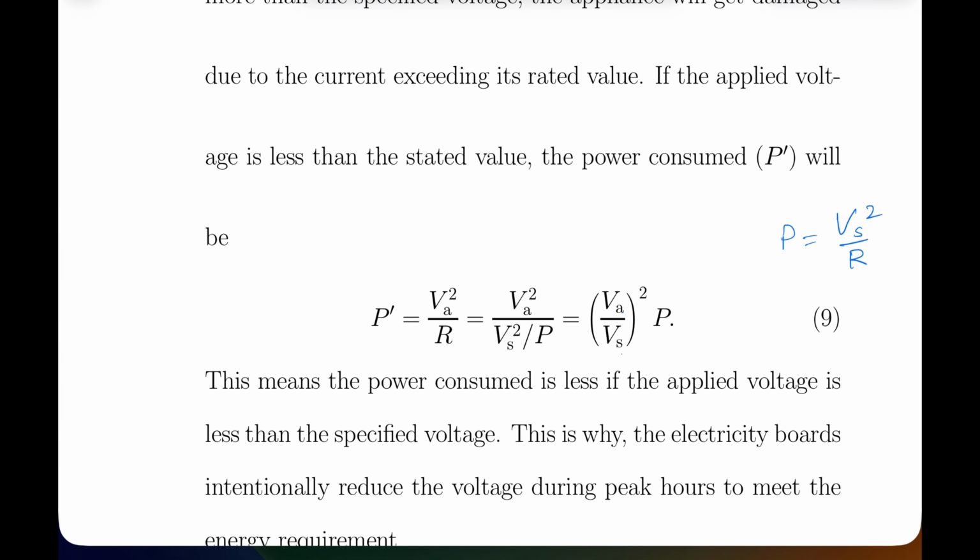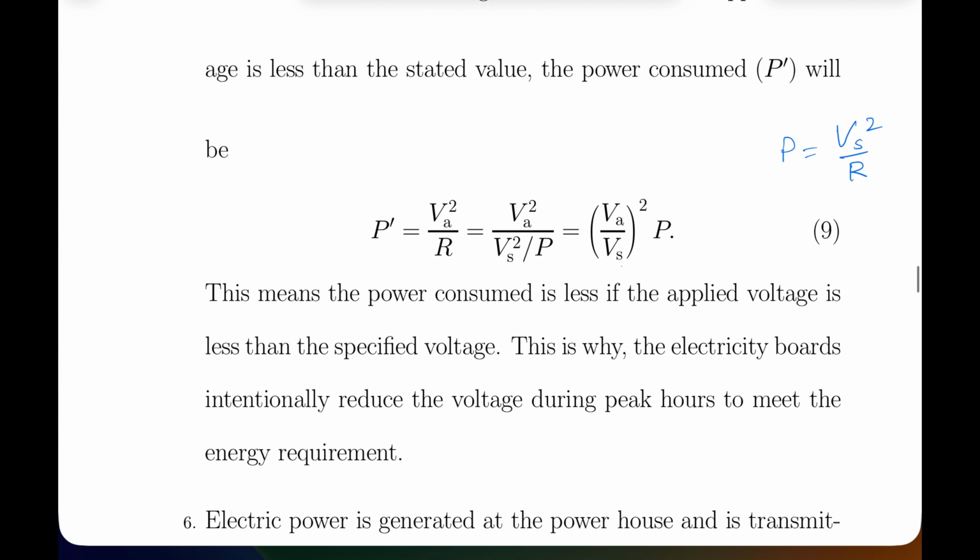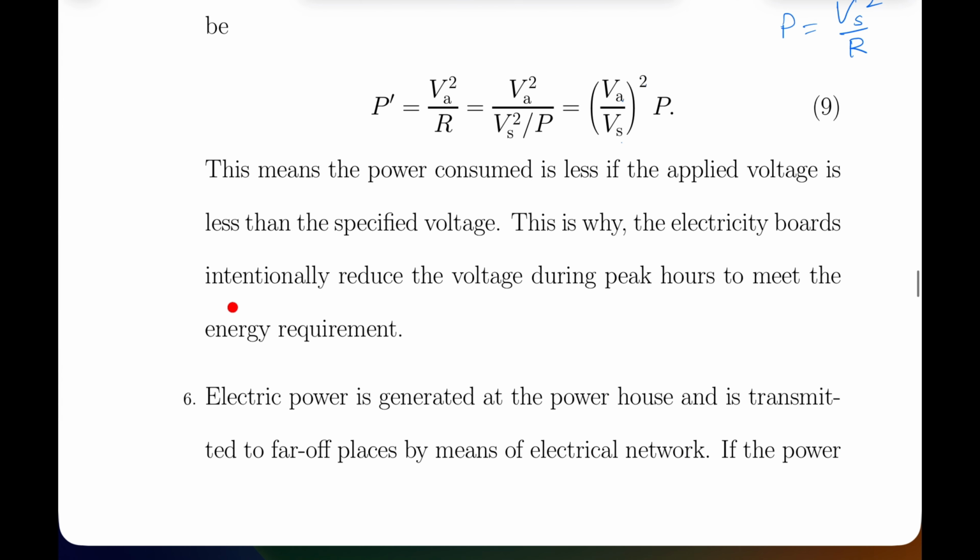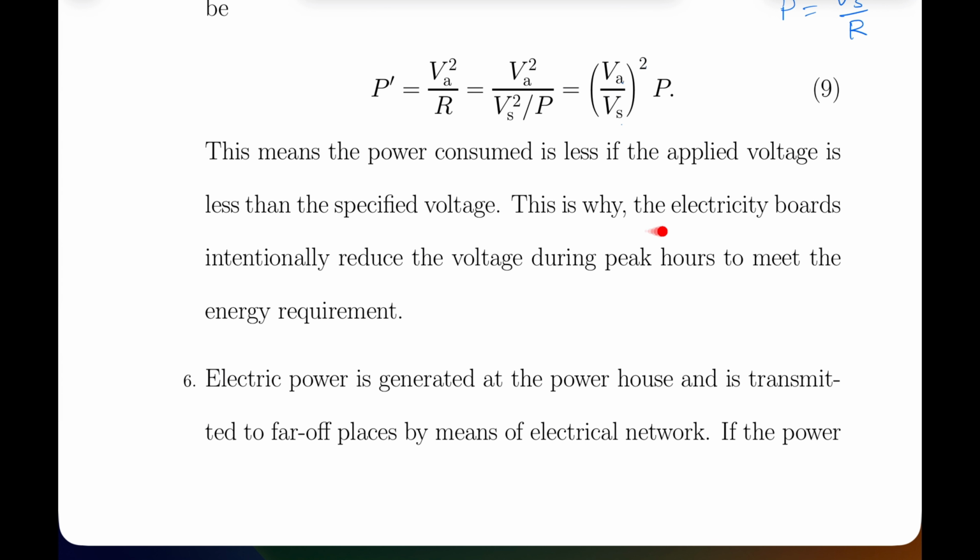So we say that the power consumed is less if the applied voltage is less than the specified voltage. And that's why the electricity boards intentionally reduce the voltage during peak hours to meet the energy requirement. Okay, so this is one important information for you.